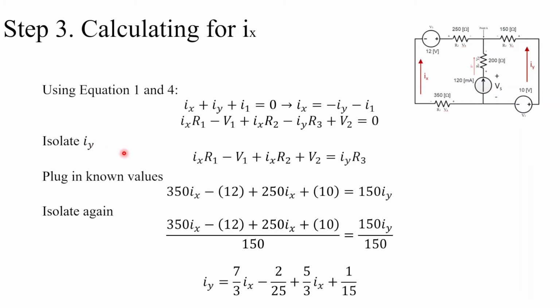We can isolate Iy and then plug in each of the known values: R1, V1, R2, V2, and R3. Once all those values are plugged in, we solve and isolate for Iy once more, and we'll get a resultant equation for Iy.